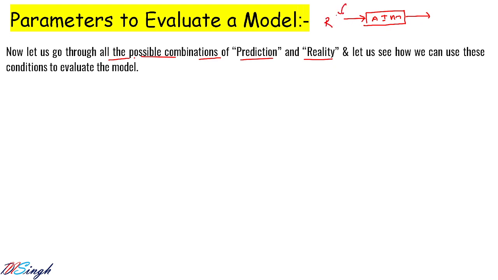So for the data, what should the output be? What is the input data we are giving? Actually the output that we want from our AI model, that is reality, and the output of the AI model is called what? Prediction. Okay, let us see how we can use these conditions to evaluate the model.